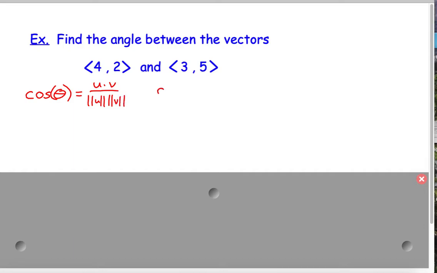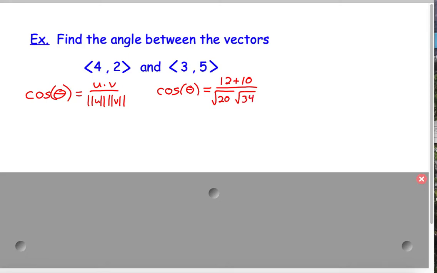So in this case, we're going to have the cosine of theta equals, what's the dot product? 4 times 3 is 12, plus 2 times 5 is 10. And the magnitude of the first vector, 16 plus 4 is 20, square root of 20. Notice I'm not even going to bother trying to simplify that square root, that radical. And then times the magnitude of the second vector, which is 9 plus 25 is 34, square root of 34.